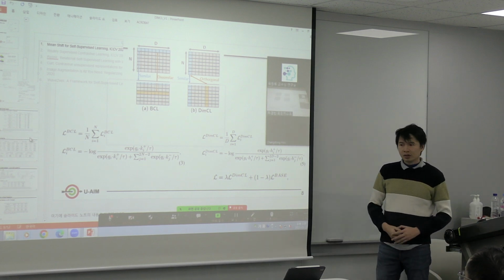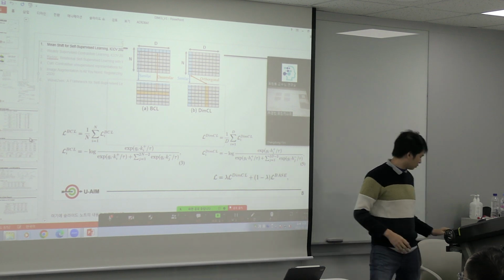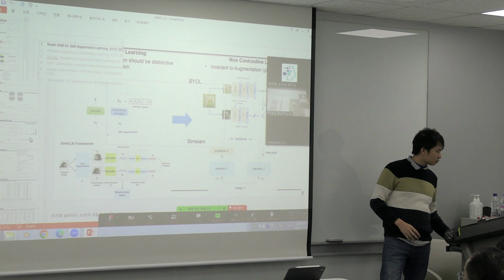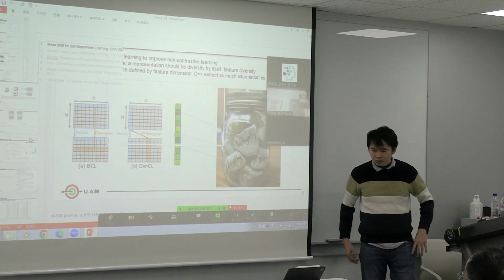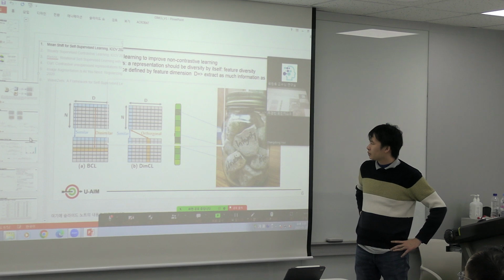So you had a nice picture of a jar with stones, and you wanted to pack in lots of stones with essential information.